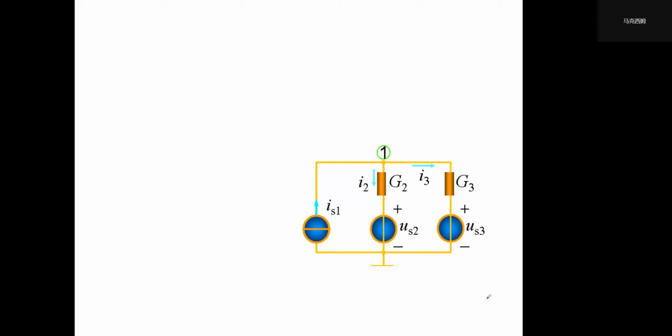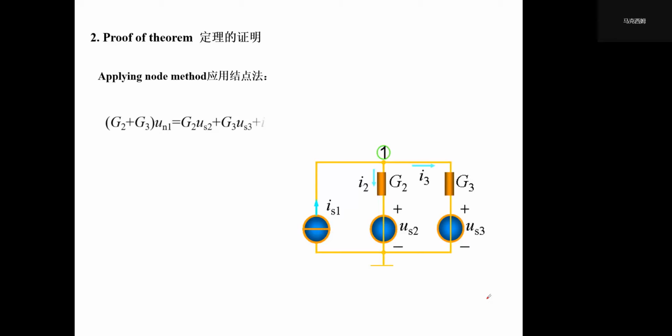So let's see. We have this circuit with three branches and two nodes, so one independent node. We can apply the node method we learned this morning. For this node, the self-conductance is G2 plus G3, and since there's only one independent node, there's no cross conductance.